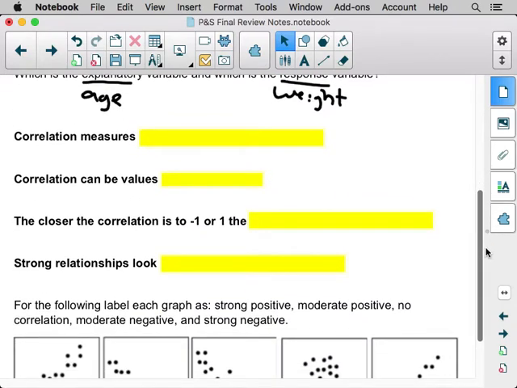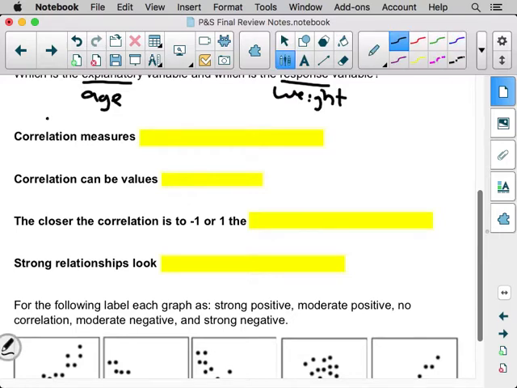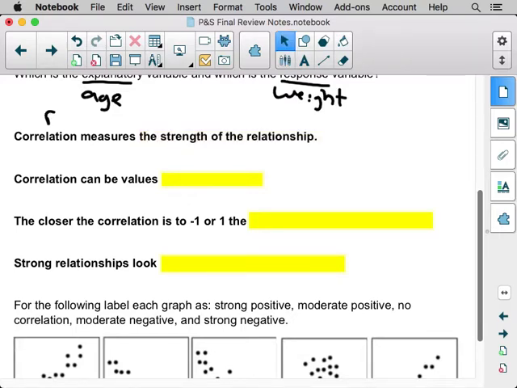All right, so correlation. We use R to represent correlation. And remember, it measures the strength of their relationship. Or back in the chapter, you heard us use the term, it is a measure of association. Correlation can be between negative 1 up to positive 1.